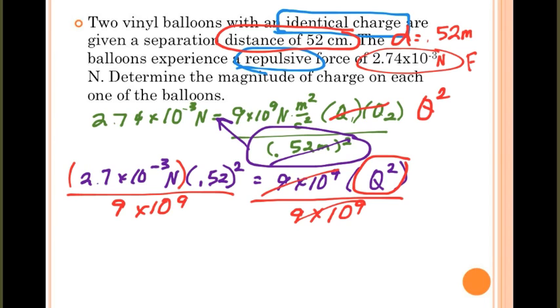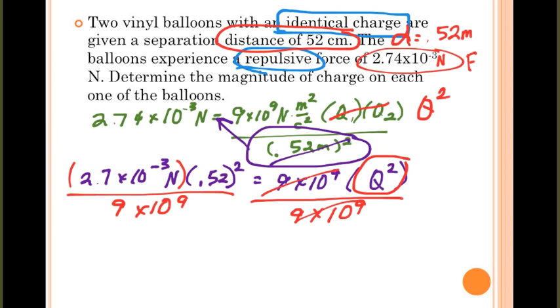Okay, so we have 2.7 times 10 to the negative third. Again, don't forget your parentheses around your terms. It just makes it a little tidier. Divided by 9 times 10 to the ninth. Okay, so you get some number value, and now we can go ahead and write that number down.